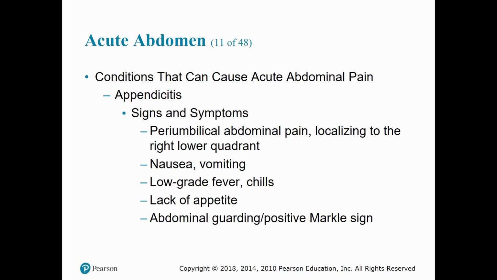They'll also have some abdominal guarding, to where they don't want to take the chance on anything touching that point in their abdomen, so they kind of guard it and shield it, and they also have a positive Markle sign, especially in the about to rupture or ruptured appendix.